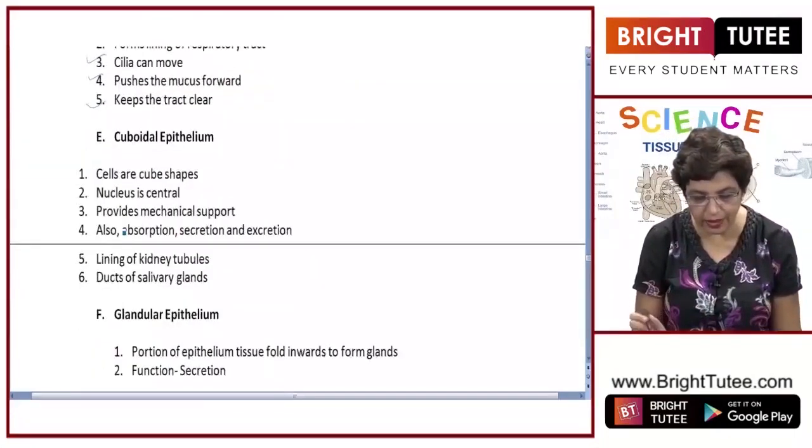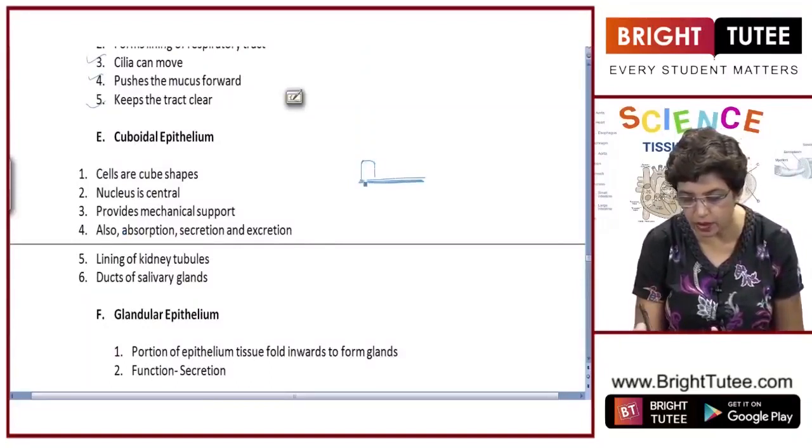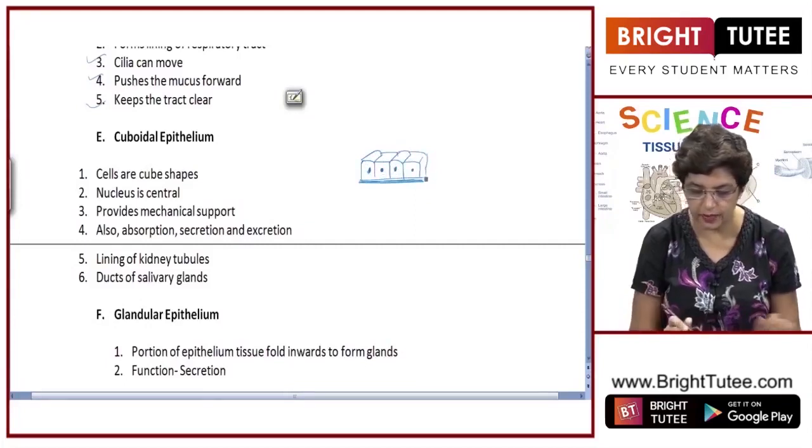Next is cuboidal epithelium. Cuboidal, as the name suggests, the cells are cubical in shape. This is the collagen. Cells are cubical, all right, and the nucleus is central. It's like this.